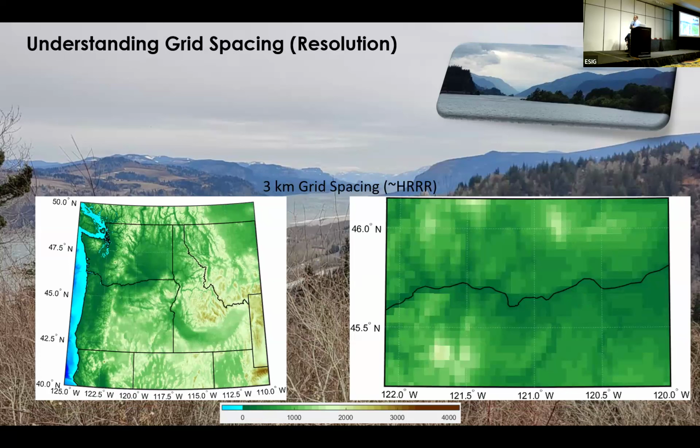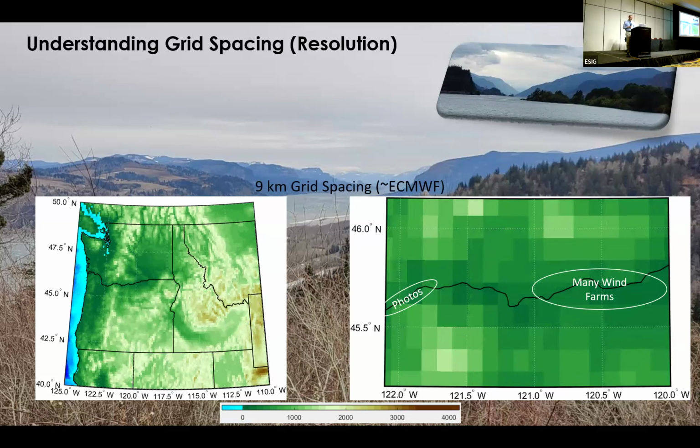Even at 3, we're losing the ability to resolve this topographic feature of a gap that's been created by the river. We're losing the taller mountains. We're losing the fact that this is a canyon. And we're creating other ways for air to move from east to west or west to east.